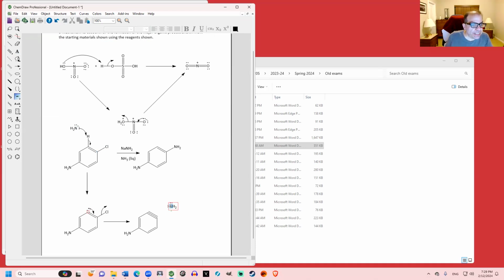So that tells me that I have to have the new NH2 attack para to it. The electrons go onto carbon.